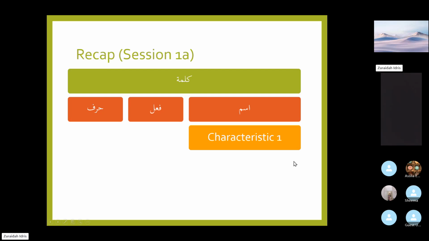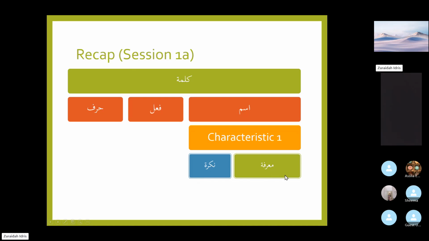And the first one, as you correctly said, was whether it was definite or indefinite. Meaning, do we know that isim or don't we know that isim? Do we recognize the isim or not? If we recognize, then it's ma'rifah. If we don't recognize, then it is nakira. Something that is general and something that is specific.